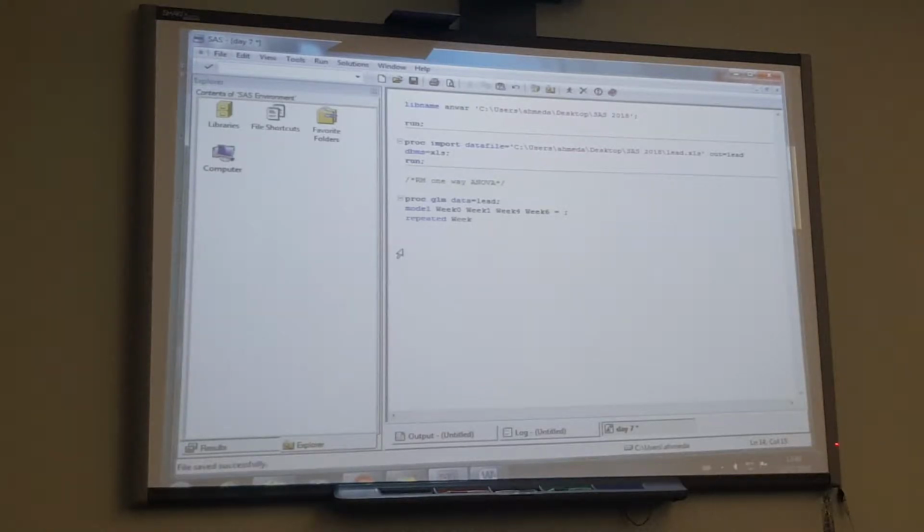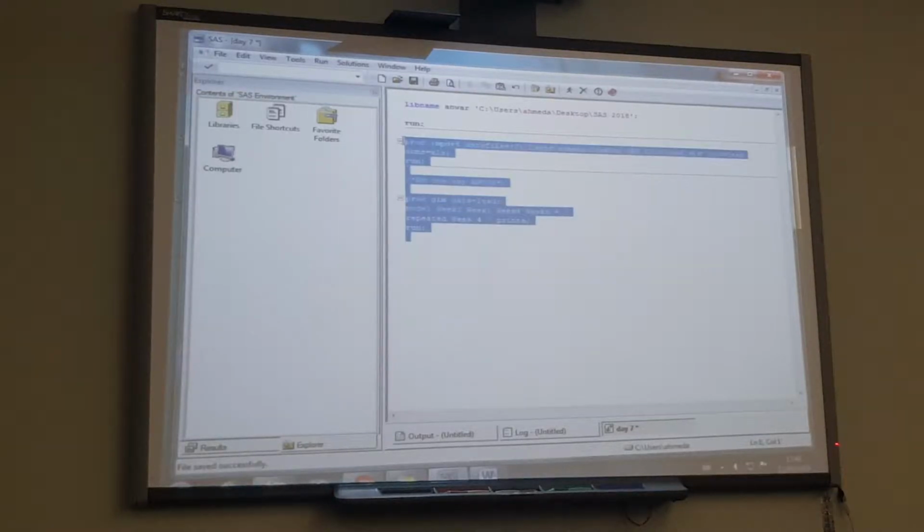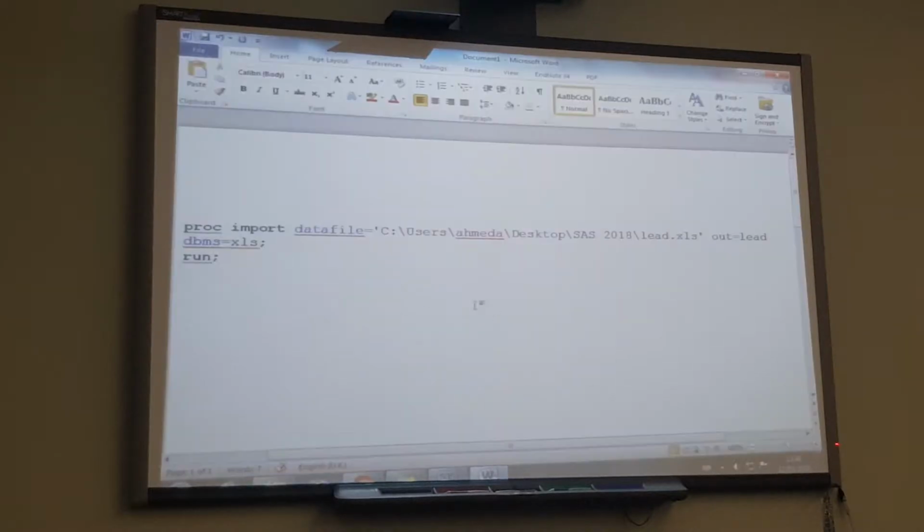And how many measures do I have? 4. So I put 4. And then option print E. Print E. Run. So this is how you do repeated measures.